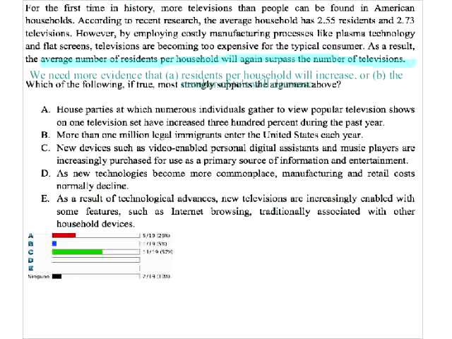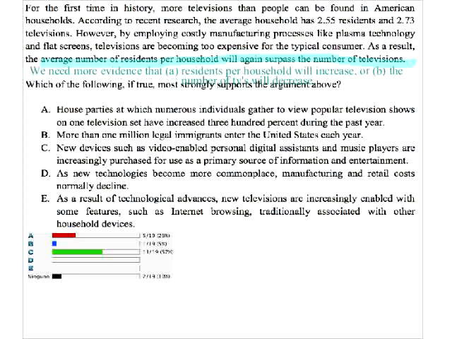Either one of these would be legitimate. If you have evidence that the number of residents per household will go up, that would support the conclusion. If you have evidence that the number of TVs will decrease, that will also support the conclusion.